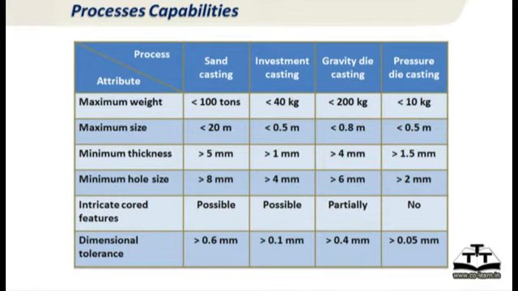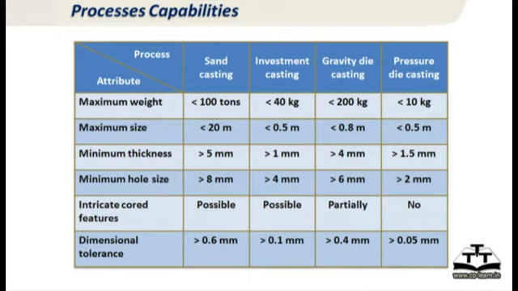So when you look at minimum wall thickness, if your wall thickness is of the order of 1 to 2 millimeters, and if it's steel, you have no choice, you have to go for investment casting. If the wall thickness is, let us say, 3 millimeters and it's aluminum, you can think about PDC. And if your quantity is large, you can think about PDC. You need to really look at combinations like that.